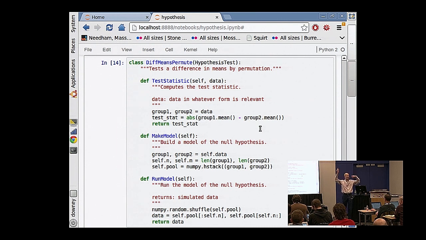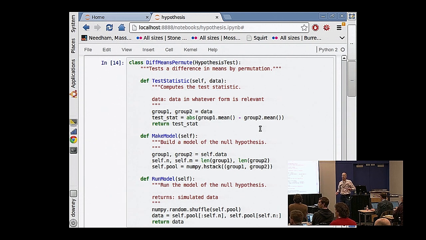So I can combine them arbitrarily. But this is the one I'm going to do. So the test statistic is the absolute difference in the means. Make model does that H-stack thing we were looking at before. And run model does the random permutation, the shuffle that we saw before. So this is the same code, just stuffed into a class.